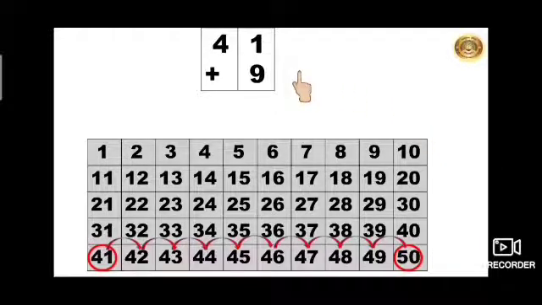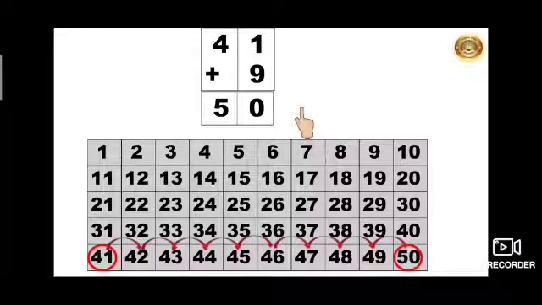Then the sum we got here is 50, means 41 plus 9 is 50. So children, have you understood this? The smaller number we are going forward. So like this, we can add any two numbers by going forward.